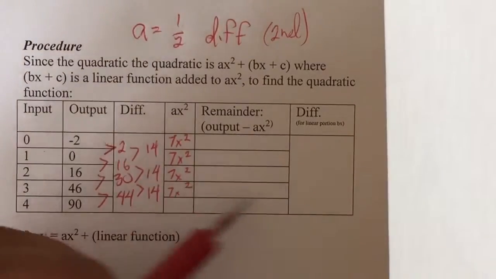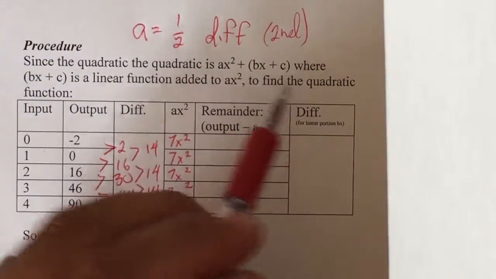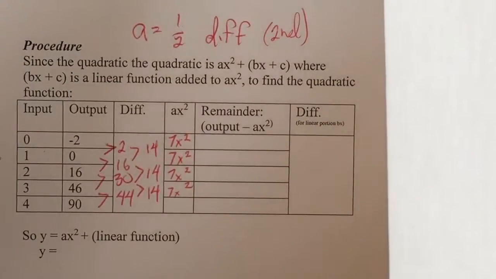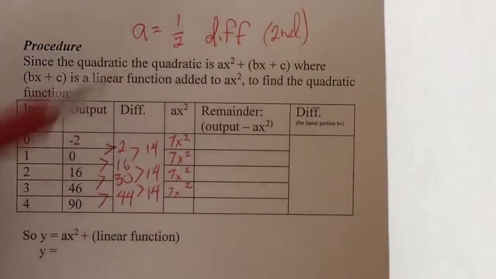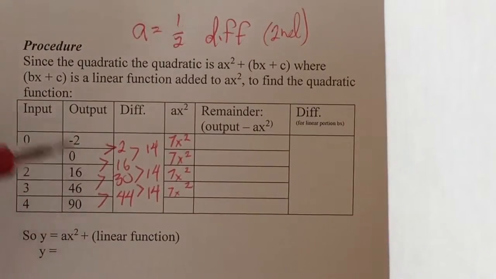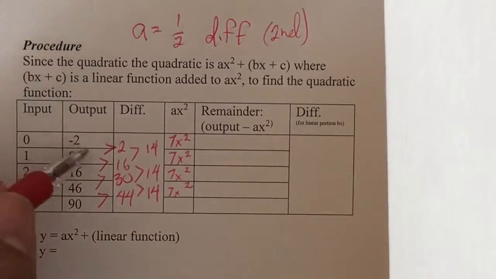Now what we're going to do is find the remaining portion, this bx plus c. We're going to take this output, which is what comes out when you put the input into the equation, and put the input into the 7x squared and subtract it from there.